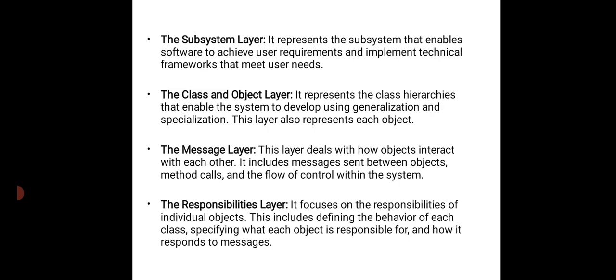If we move to the message layer, this layer deals with how objects interact with each other. It includes messages sent between objects, method calls, and flow of control within the system. If we move to the responsibility layer, it focuses on the responsibility of individual objects.